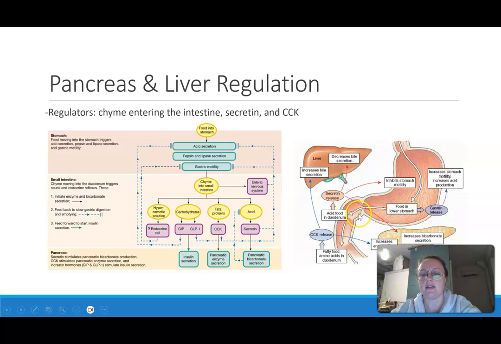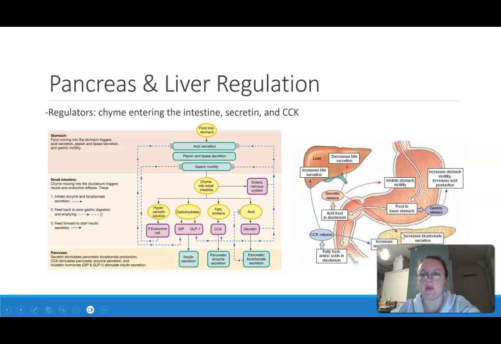And then next, as we go further down the small intestine, we release our other GI hormone, which is CCK. And this is more so for our fat digestion. This is when we increase our bile secretion in the liver, while simultaneously increasing our enzyme flow.